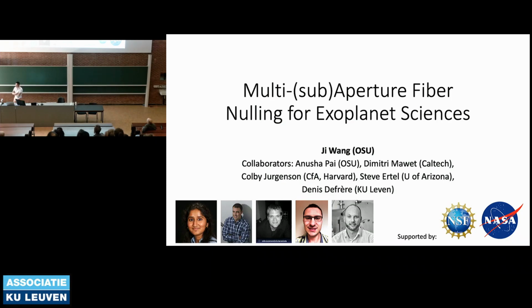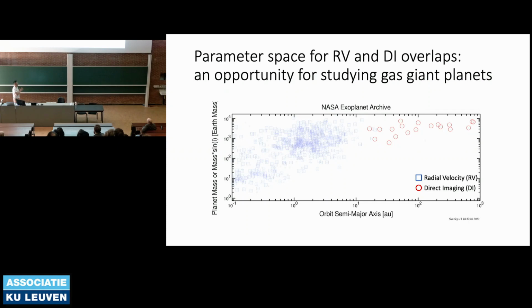So we'll start with this figure that nobody will skip in an exoplanet talk. What you are seeing here is planet mass versus semi-major axis. I only show two populations of planets here. The first population in blue is the planets detected by radial velocity, and the population in red is planets detected by direct imaging.